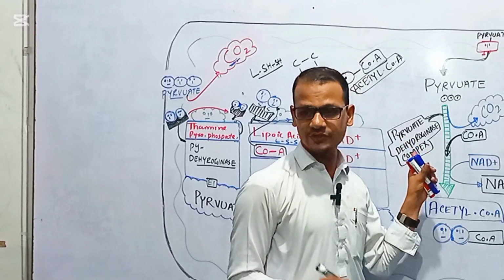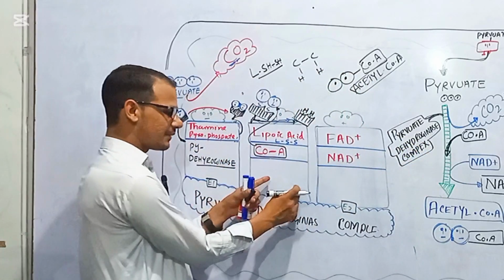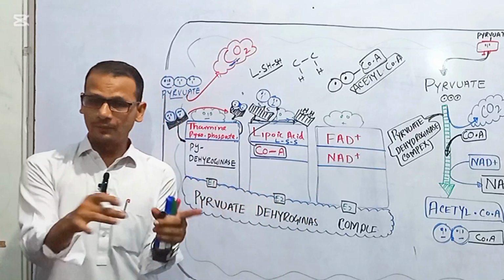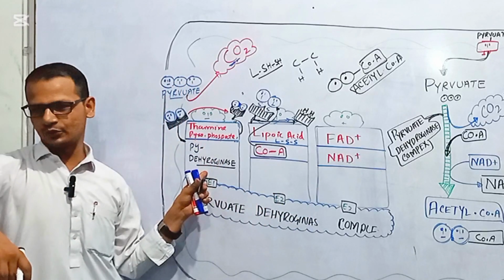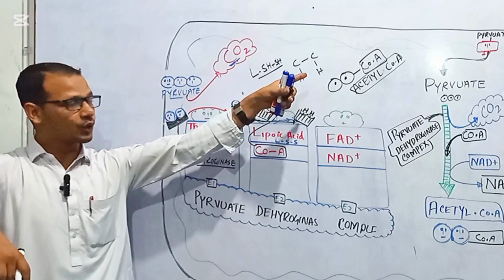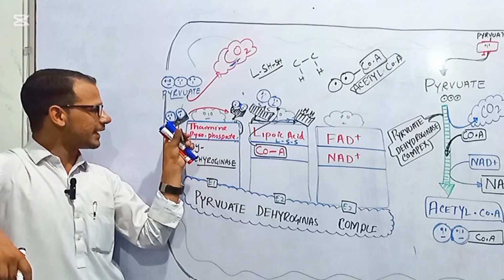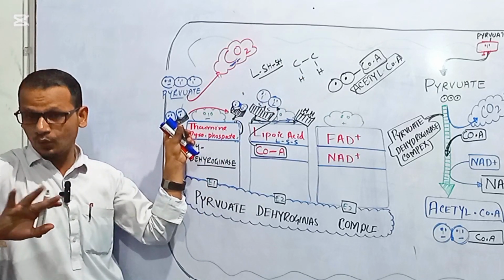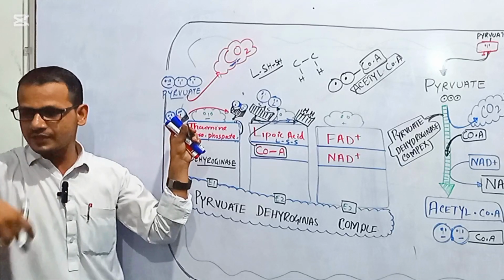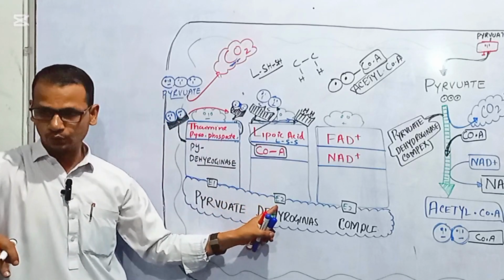Why is it called a complex? Because the two other enzymes are helping this pyruvate dehydrogenase to make acetyl coenzyme A, because this can only make acetate, not acetyl coenzyme A. This coenzyme A is added by this E2 reaction.